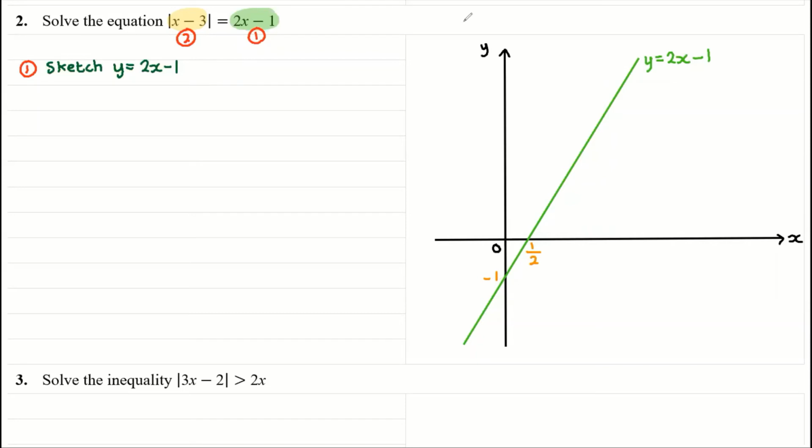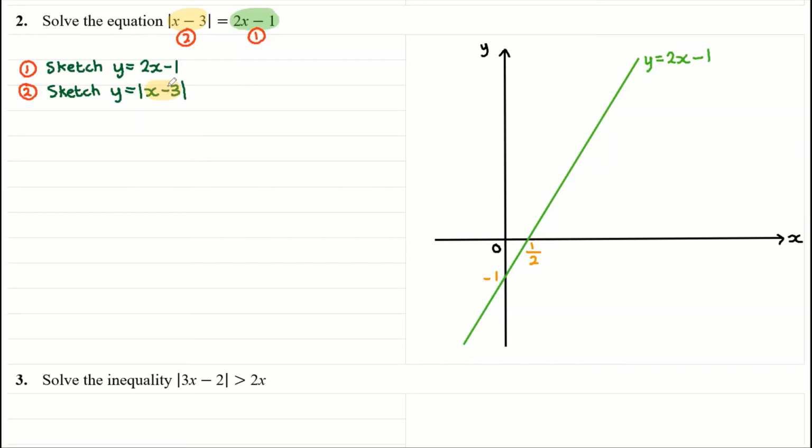So next thing, we're going to have a look at x subtract 3 in the modulus. So we're now going to have a look at sketching y is equal to the modulus of x subtract 3, on the same diagram. Now, using approach A, as I did previously, we simply have to sketch the graph of x subtract 3 and then reflect it in the x-axis for any parts of the graph that drop below the x-axis.